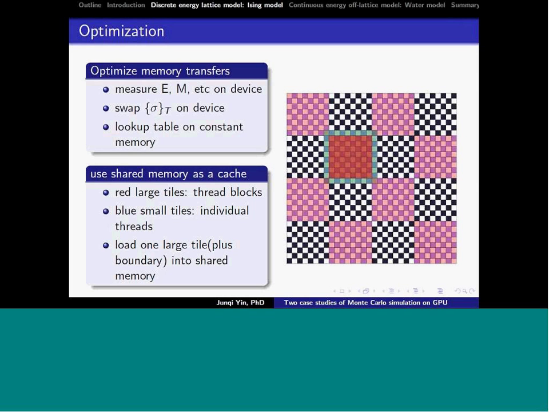For example, we can chunk this matrix and define a larger checkerboard. Basically, it contains larger tiles.